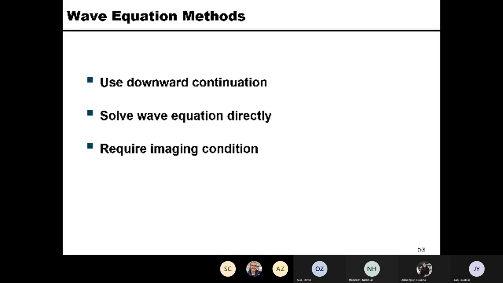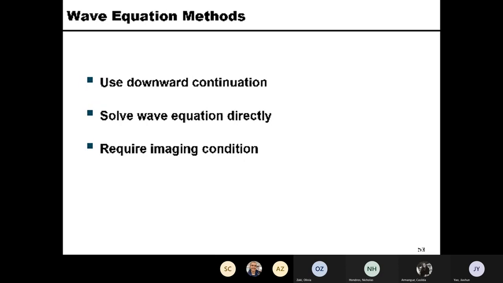So you have three elements. One is downward continuation. Secondly, how to solve the wave equation. Thirdly, when you solve the wave equation, there's a very important thing called the imaging condition. That's why we call it migration: it's an image, right? So the imaging condition is important. Always for migration based on the wave equation, there are three elements you need to consider.